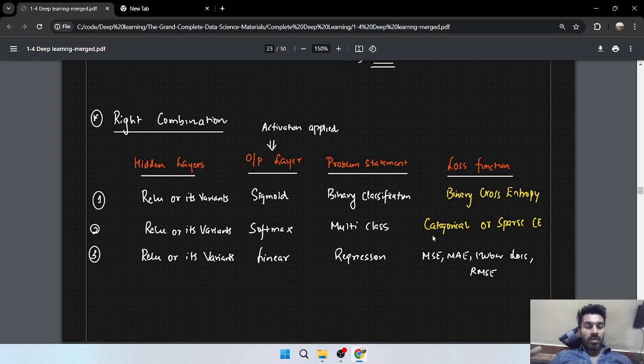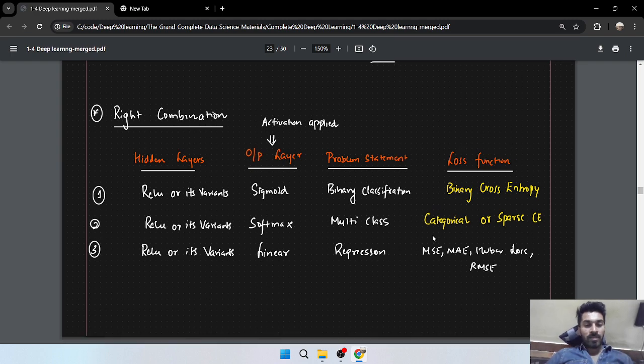But if you have directly given numbers like 1 2 3 4 5 6 7 to the output, directly giving a number, then use sparse categorical cross entropy as the loss. This will automatically create a sparse matrix for your output.